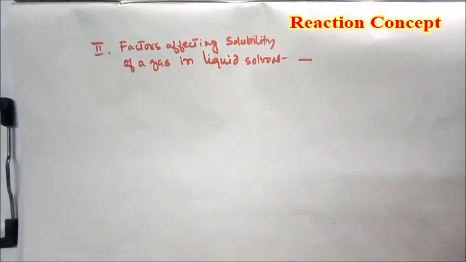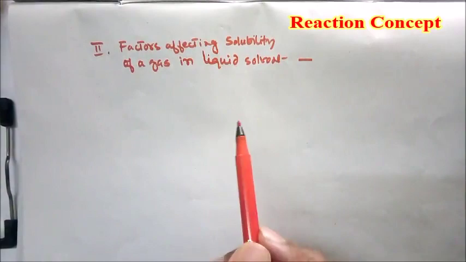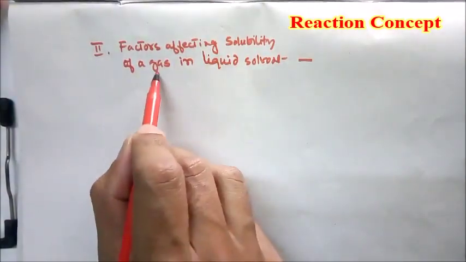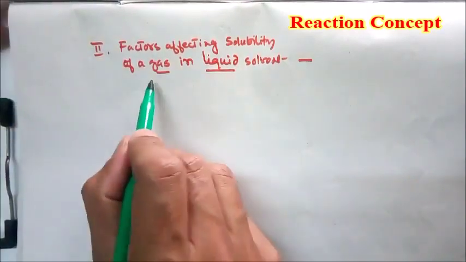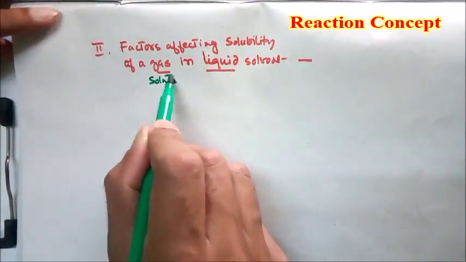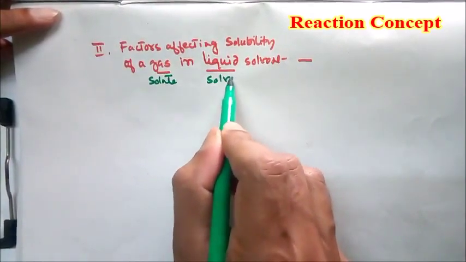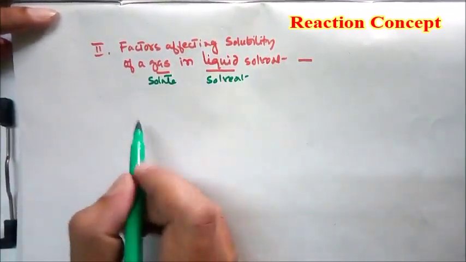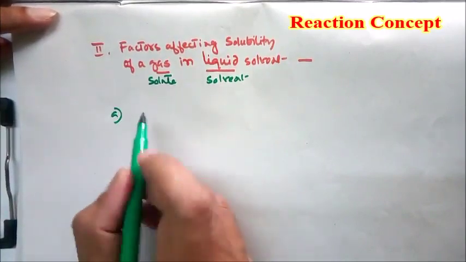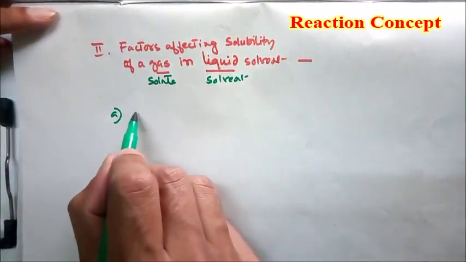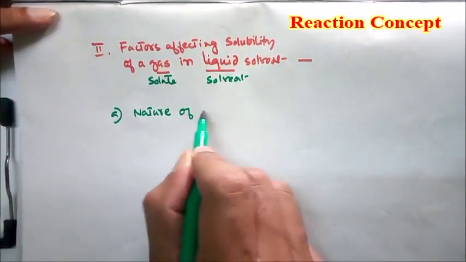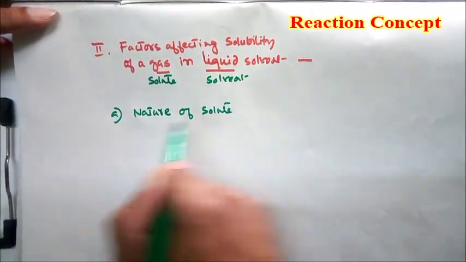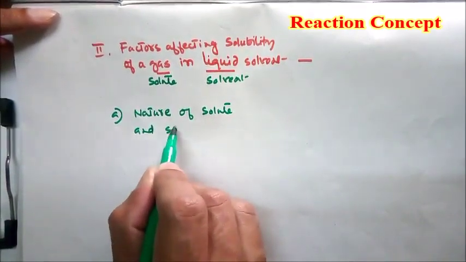Now we'll discuss the factors affecting the second type of solution, the solubility of the second type, where the solute is a gas and the solvent is a liquid. In this case also, there are factors that affect the solubility, and the first is the nature of solute and solvent.